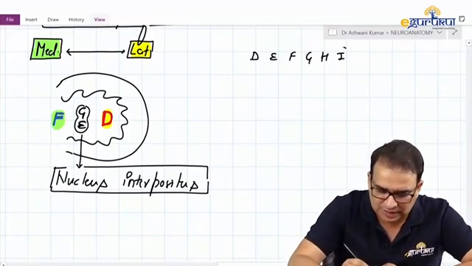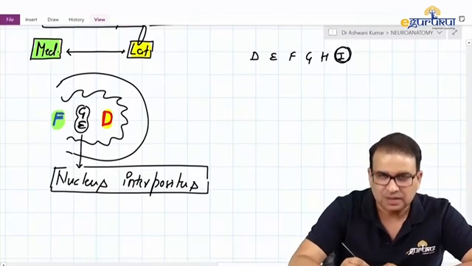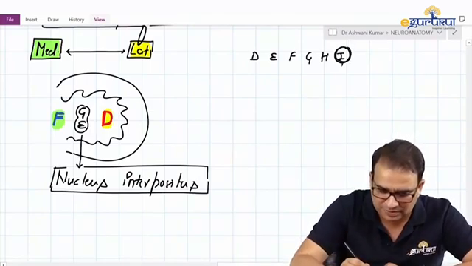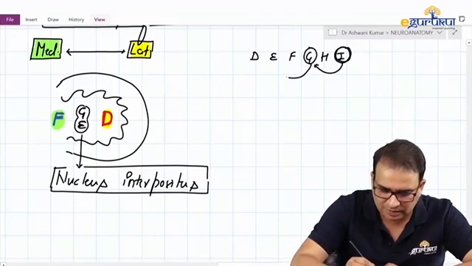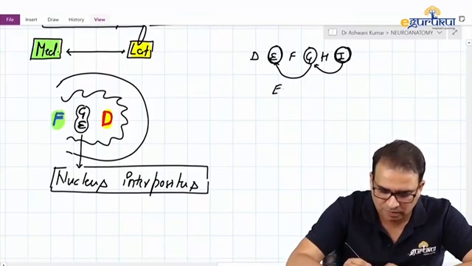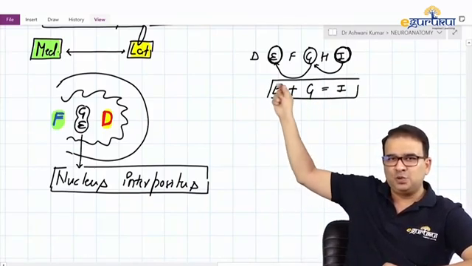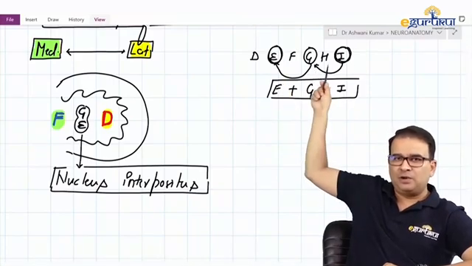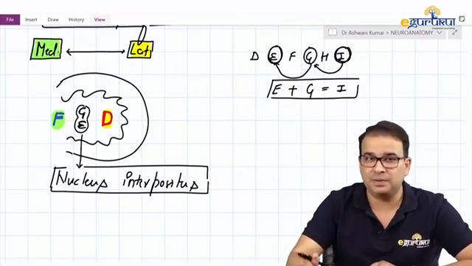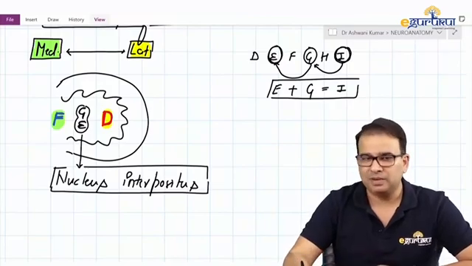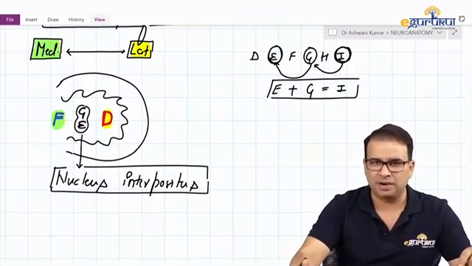I for interpositus: leave the H, go to G, leave the F, come to E. So just take the alternate ones. Emboliform plus globose equals I, and I is interpositus. So emboliform and globose will remind you that these are the two which come in between the dentate and fastigial, and we call them nucleus interpositus. Just a way to remember it.